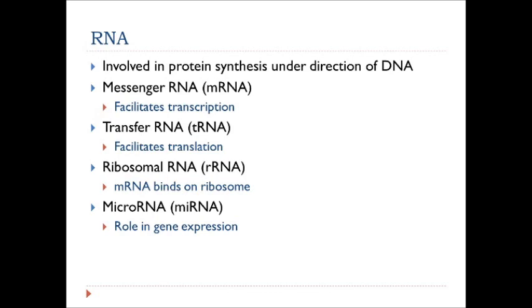So when messenger RNA transcribes that DNA into RNA, it does so that it can leave the nucleus. DNA is much too large to leave the nucleus, but RNA can. And we'll talk about that more also next week when we get into the cell. Transfer RNA or tRNA is going to facilitate translation, so translating that RNA sequence from mRNA into proteins.